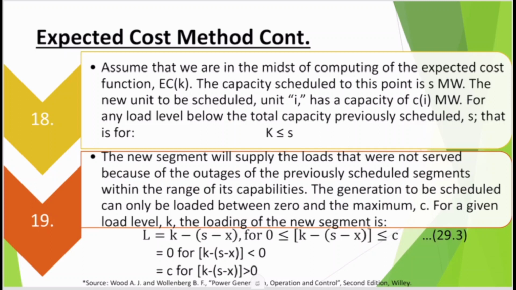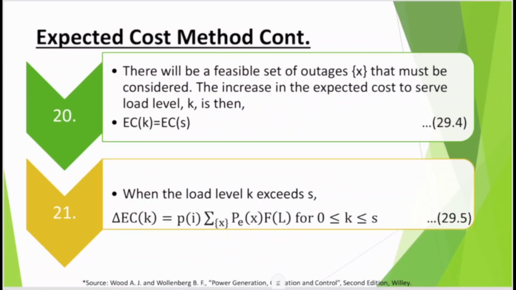For a given load level K, the loading of the new segment is given by L equal to K minus S minus X when K minus S minus X is between 0 and C, which is equal to 0 when K minus S minus X is less than 0, and which is equal to C when K minus S minus X is greater than C. There will be a feasible set of outages that must be considered.